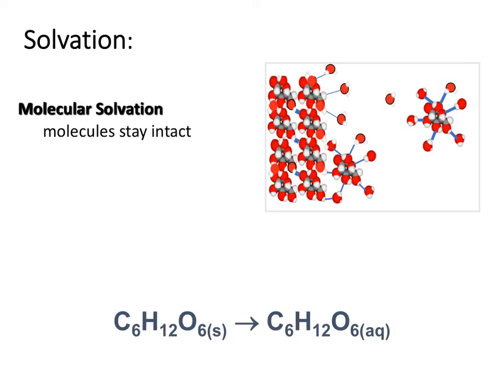And in this particular situation, you have no ions. Okay, and this will be important later, but molecular solvation is typically going to occur with nonpolar covalent compounds. And these compounds are going to, of course, dissolve, just like the other examples that we saw, except that we won't have any charged species in solution.